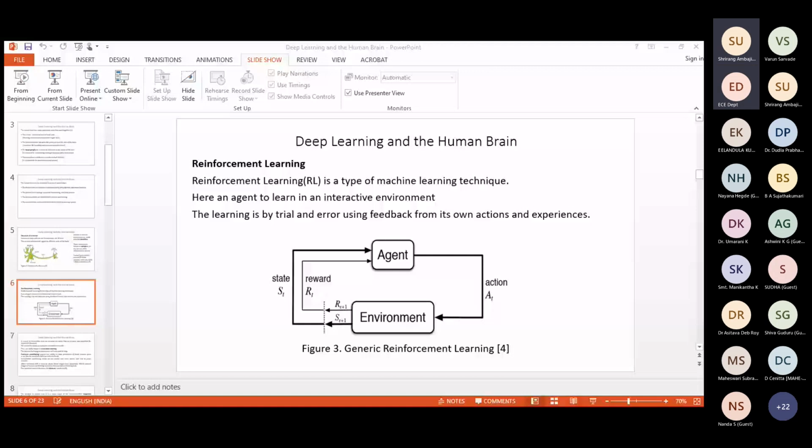The two things that we need here: deep learning requires a large amount of data, and deep learning requires substantial computing power. With the development of graphical processing units, it has become very efficient to run deep learning algorithms.